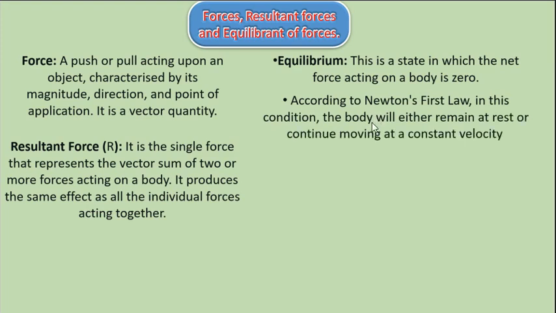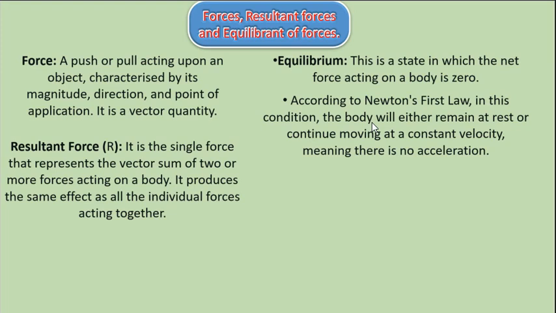Now, when the body is at rest, we refer to that as static equilibrium. And when the body is moving in a straight line with constant velocity, we refer to that as dynamic equilibrium. Whether static equilibrium or dynamic equilibrium, there is no acceleration.